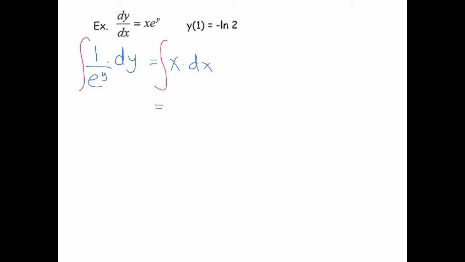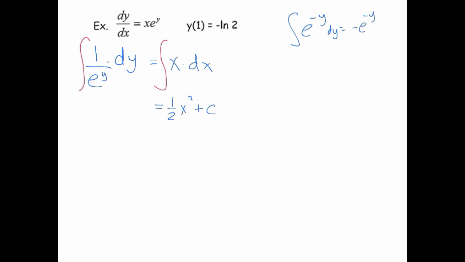So be very careful. The right side's easy, right? The antiderivative of x is 1/2 x squared. I'm going to put the plus c there. The antiderivative of 1 over e to the y, be careful, that's not ln, because that can be written as e to the negative y. And the antiderivative of e to the negative y is just negative e to the negative y, right?